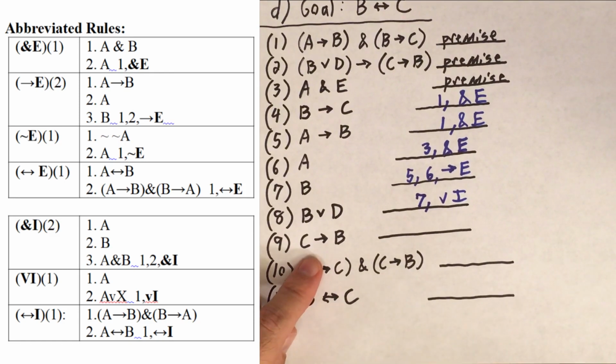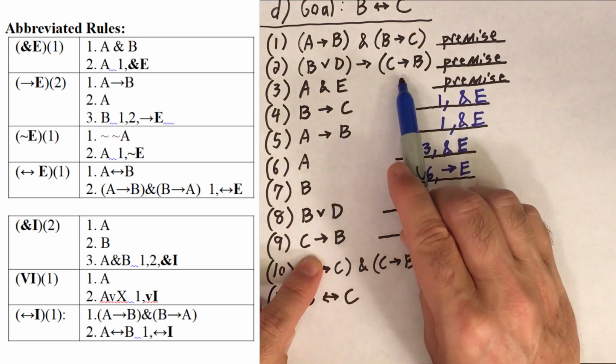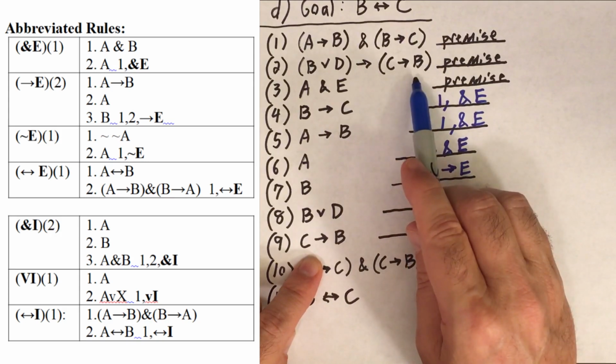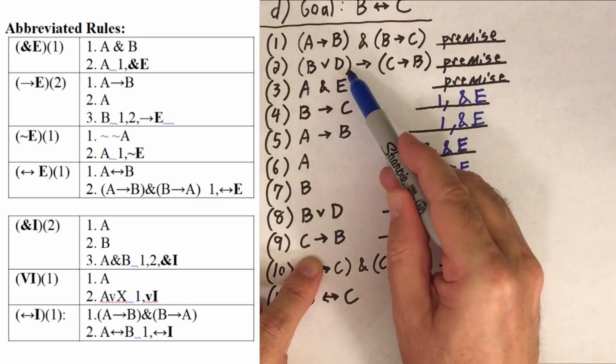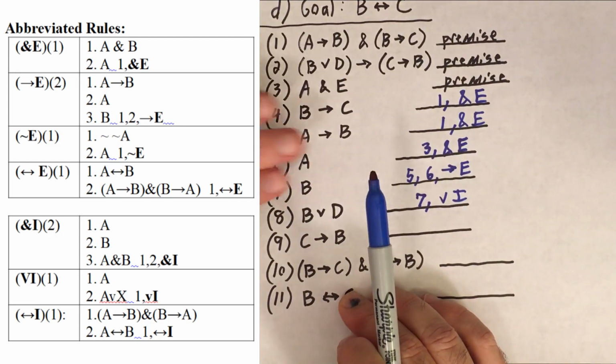Good. Now I know that line 9 can be derived. What did I do? Let's look for it. I see it here. It's the right side of a conditional. I can take the right side of a conditional as long as I know the left side is true. Do I know the left side is true? Look at line 8. Do you see it? So again, a lot of times this is simply focusing.